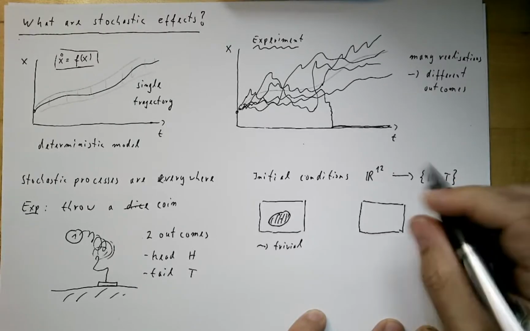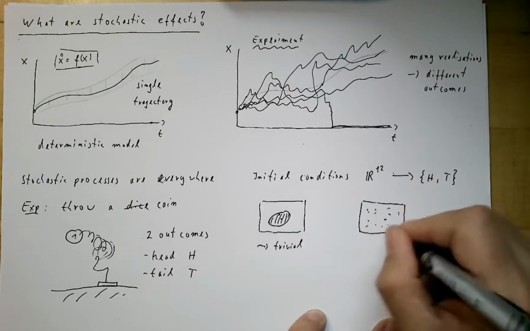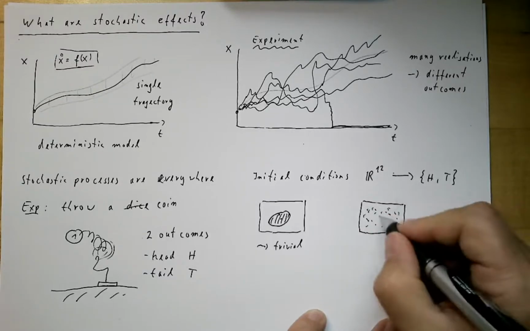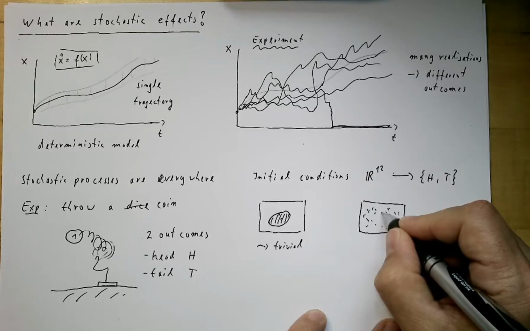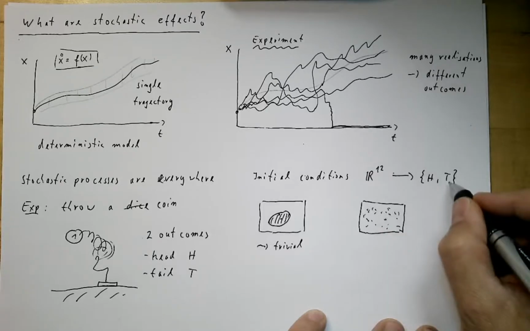Yeah? So if we would do this, we would get here a random pattern. Yeah? So for some initial conditions, we would find the outcome head, but for infinitesimal deviation from these initial conditions, we find the outcome tail here.